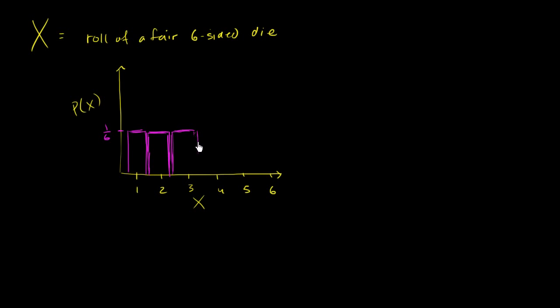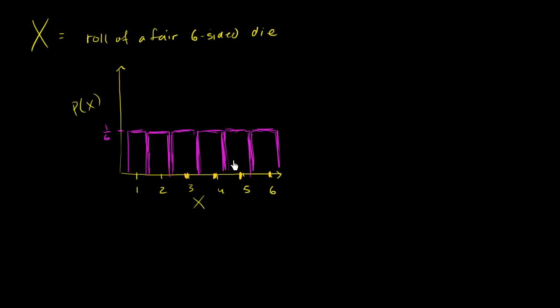There's a 1/6 probability of getting a 3, a 1/6 probability of getting a 4, a 1/6 probability of getting a 5, and a 1/6 probability of getting a 6. My little markers here got a little bit off center, but hopefully you get the general idea. So that's 5, and that is 6.